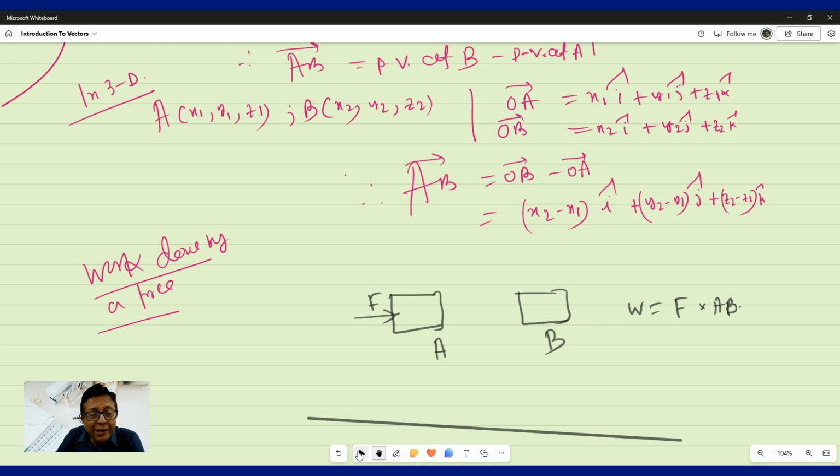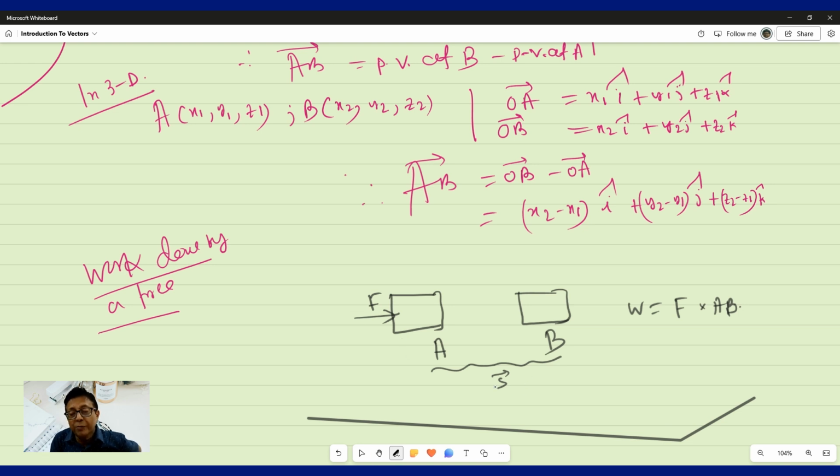But problem may arise when that force vector is not acting along displacement vector. This is our displacement vector. Force vector is not acting along displacement vector. It may happen. In that case, what to do? Again, vector concept.